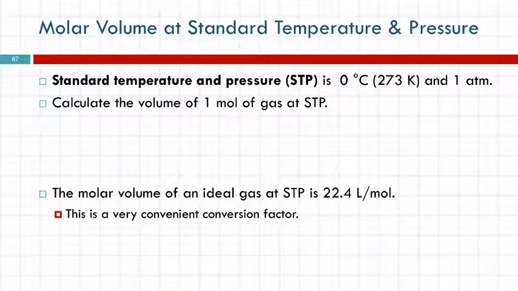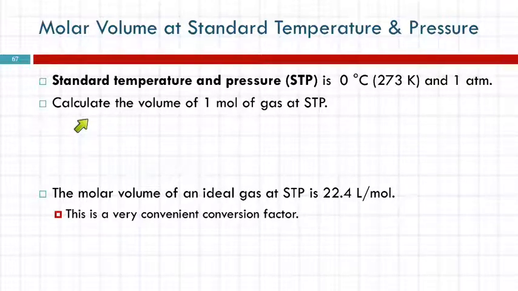You don't need a thermometer. You don't need any electronic equipment or a refrigerator or anything. You've got 0 degrees Celsius. 1 atmosphere is standard pressure. That's easy. Make sure that the pressure inside your container is equal to the pressure outside. You're at least very close to 1 atmosphere.